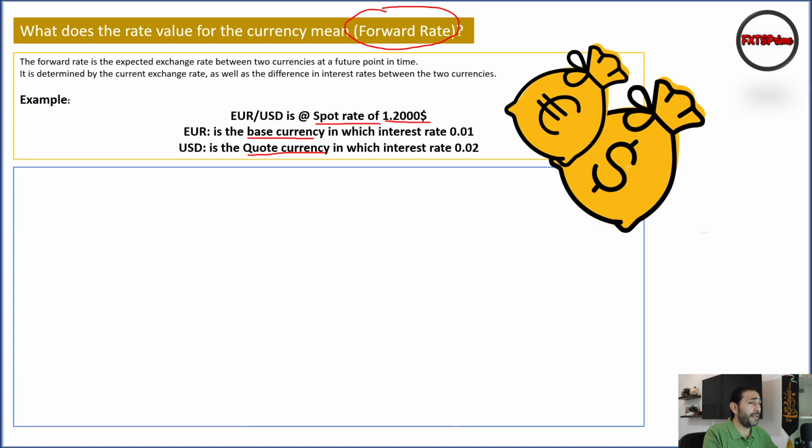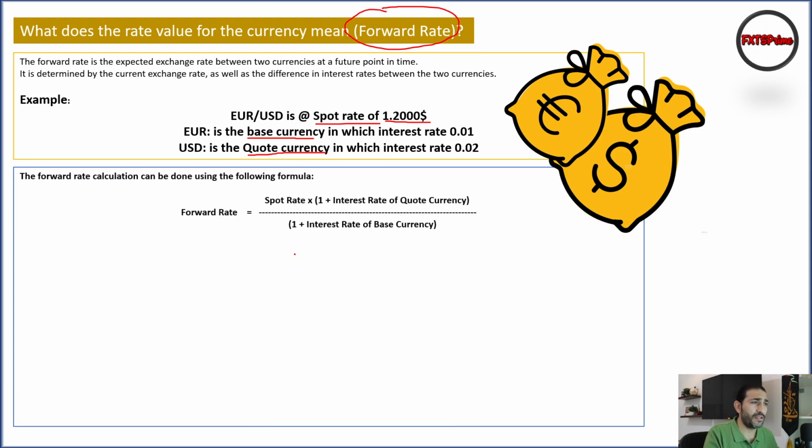Now, let me explain this formula here. This formula will give me the forward rate in the future if I am going to keep buying euro for 1 year, based on the interest rate.